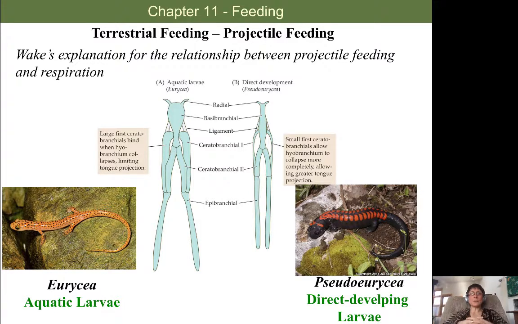They're able to do this because they were able to develop the apparatus for doing this because they had more space in their bodies as a result of not having lungs, and the associated structures needed for respiration with lungs. This is Wake's explanation for why the plethodontids had this extreme projectile feeding.